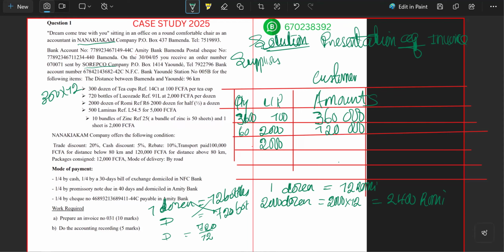Okay, so if they give us 2,400 Romy, then we know that they took half.